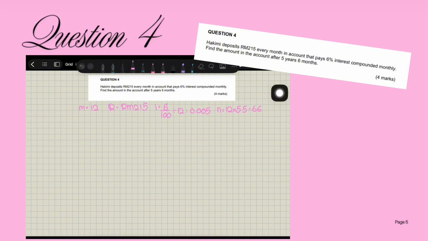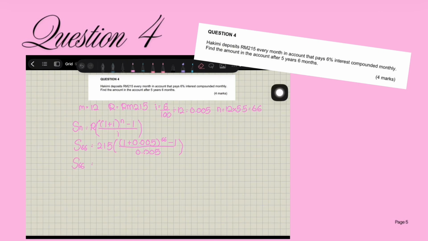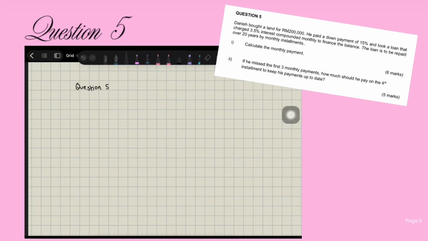Next, I use the future value annuity formula, substituting the values as S66 equals 250 multiplied by open bracket (1 plus 0.005) close bracket raised to the power of 66 minus 1, divided by 0.005 close bracket.